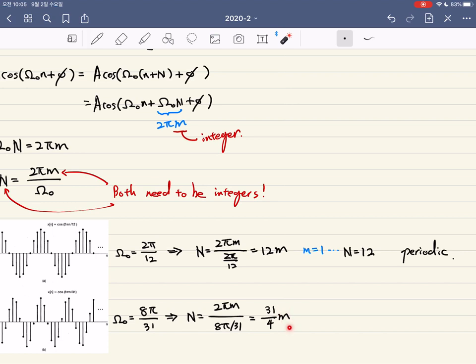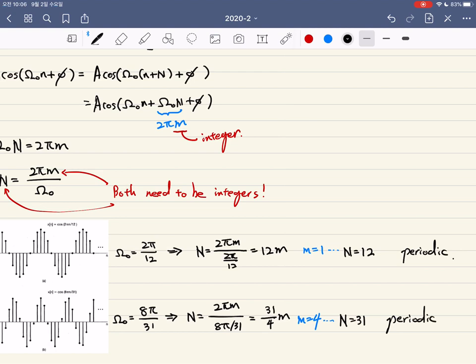If you put m as 2, it's not an integer either, so the smallest value which makes large N an integer is 4, correct? If you put 4 as the value of m, then N becomes 31.